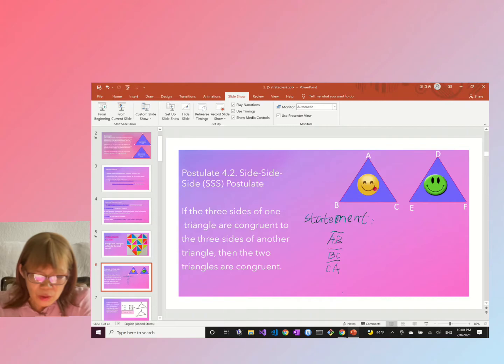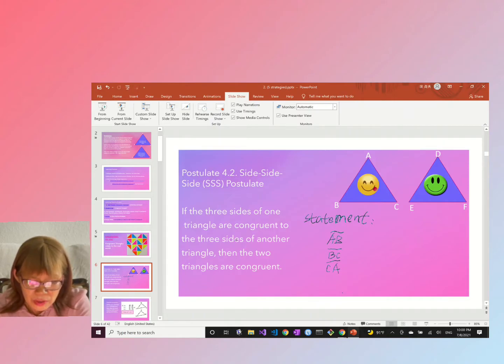Okay, what is the next? We find the three sides of one triangle are congruent to the three sides of another triangle. What it means is that three sides are congruent. We just follow the word congruent, and congruent, okay?